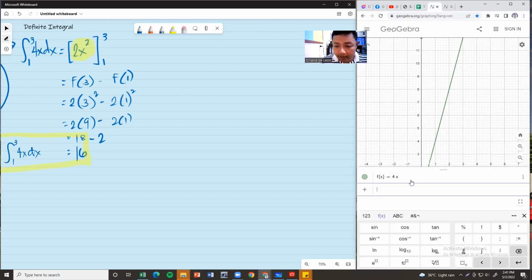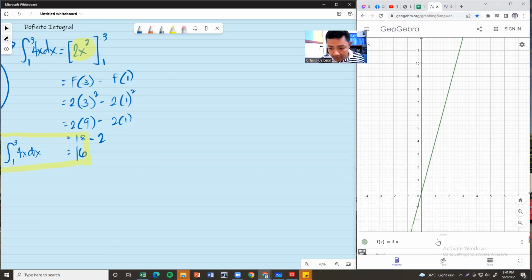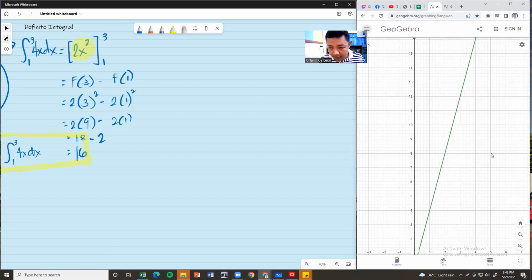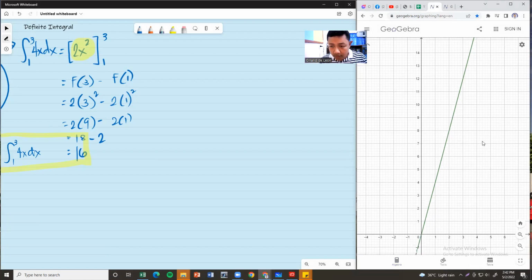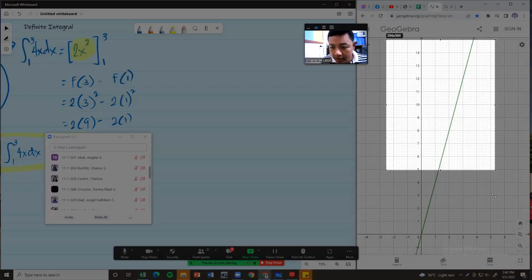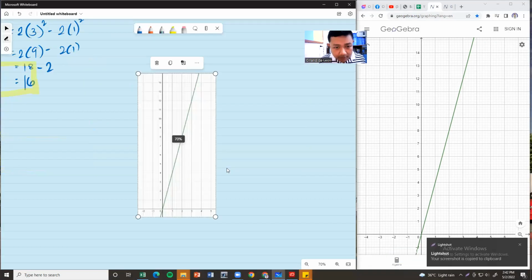Here, the 4x. So this is what we will use because it should be the original equation. Take note of that. It's not the value that was solved, but using the original given.